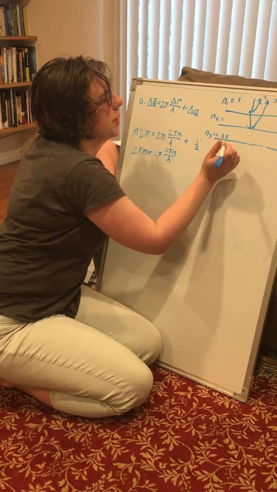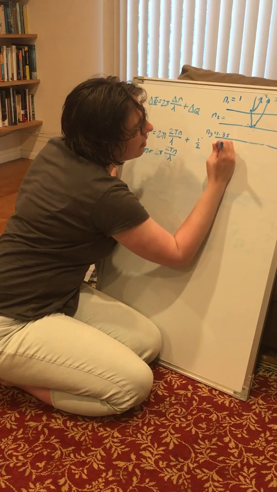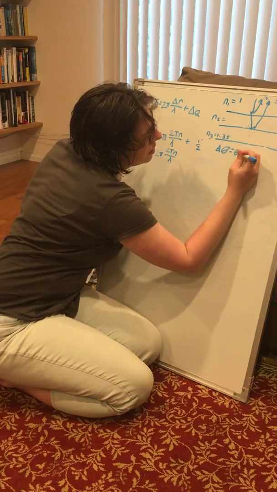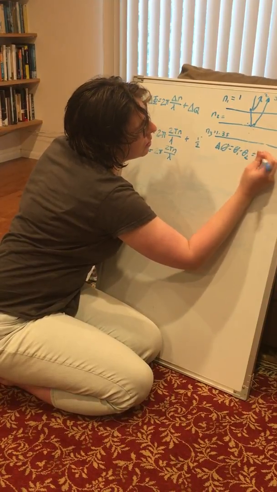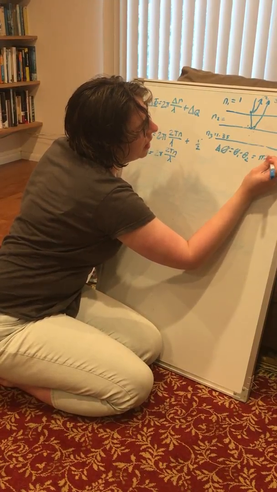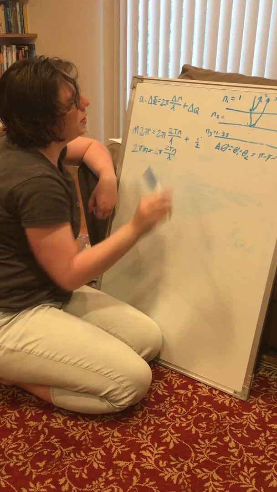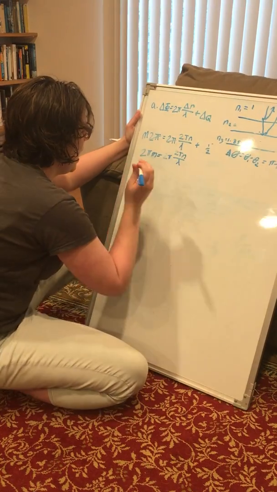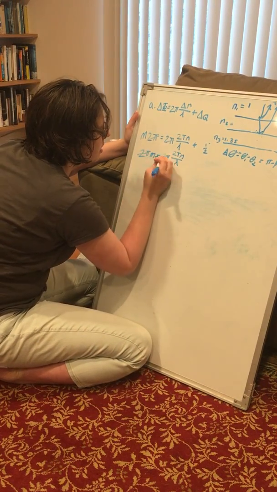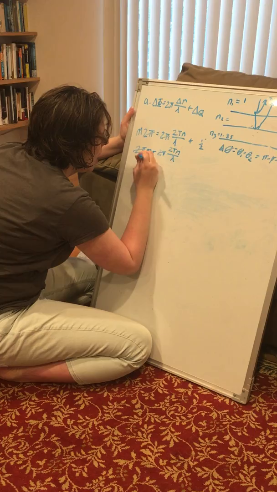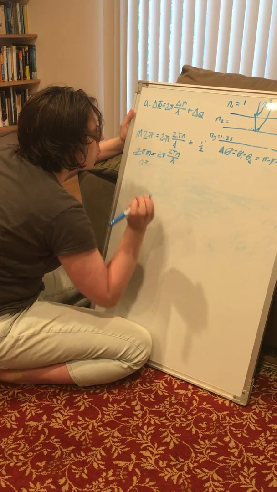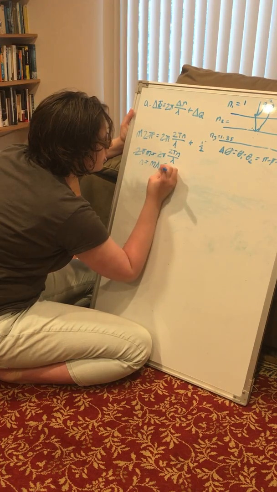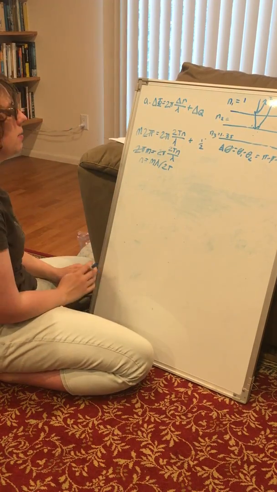And then you end up doing delta little phi equals phi 1 minus phi 2 equals pi minus pi equals 0. So we can just leave that term out. And now let's solve this equation for n, and that gives us n equals m lambda over 2t.